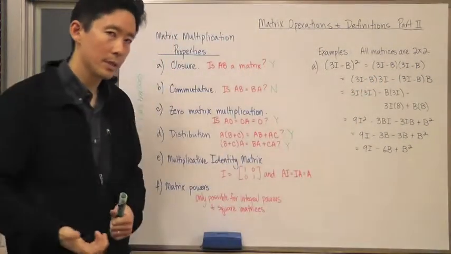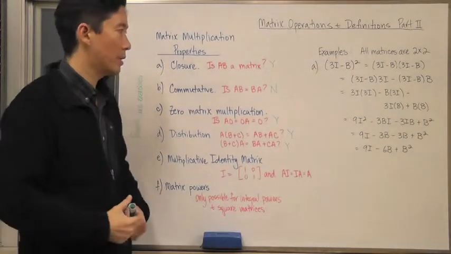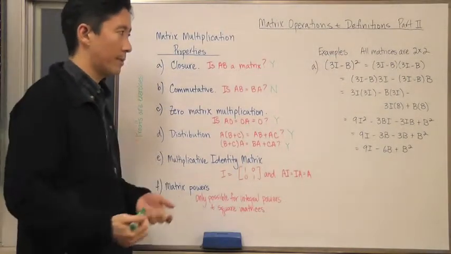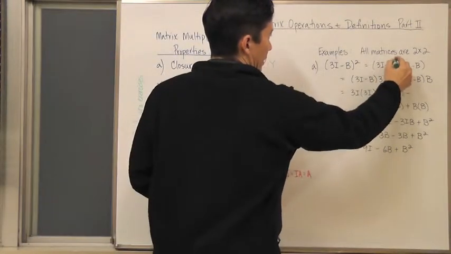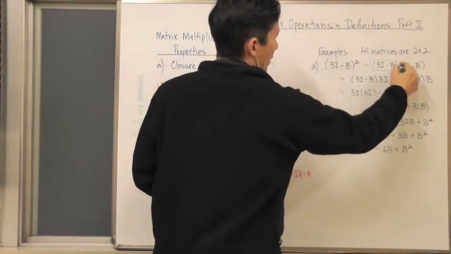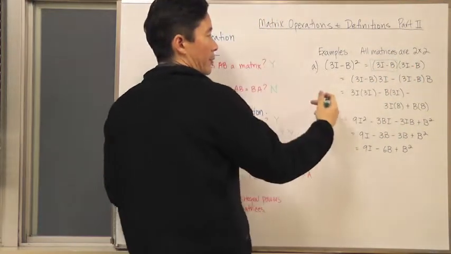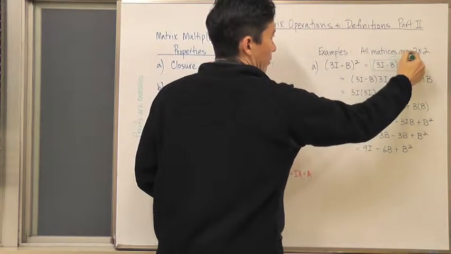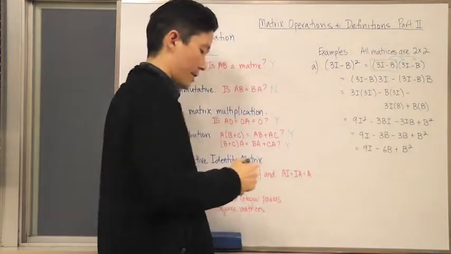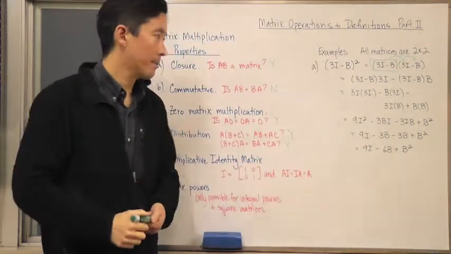Then I'm going to have to make a decision as to how I want to go about distributing the 3I minus B to the 3I minus B. So I'm going to take this 3I minus B here, and being that it's left multiplied to this 3I minus B here, I'm going to distribute while maintaining the fact that I'm left multiplying.